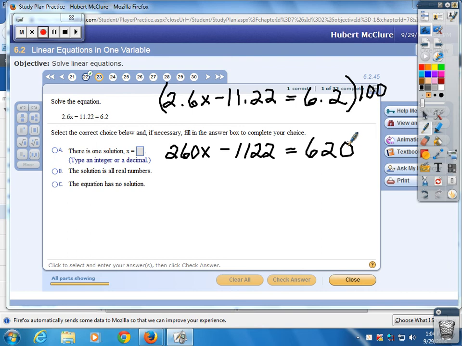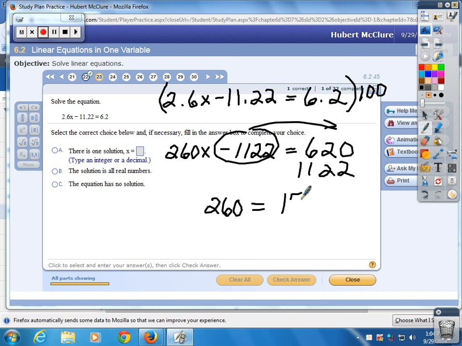Now you've got nothing but whole numbers to work with. And some of you like that. So take the 1122 across the river. And that gives us 260x is equal to 1742.